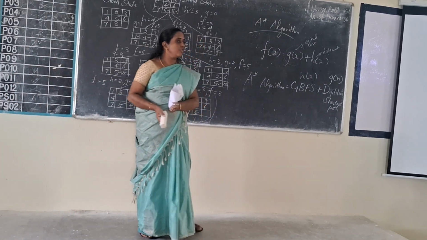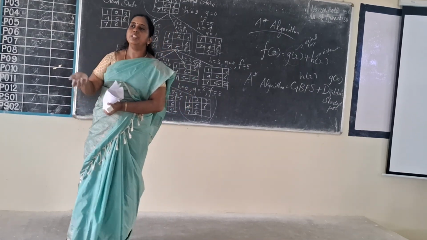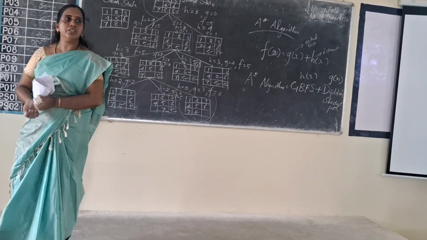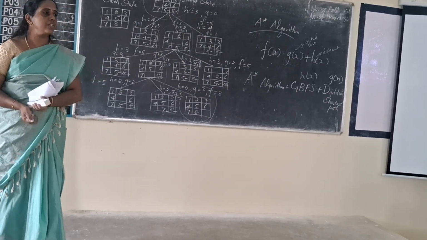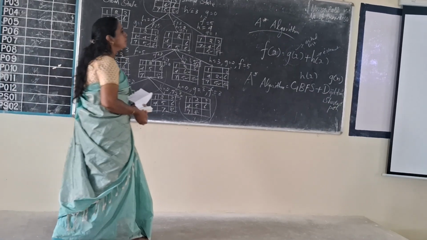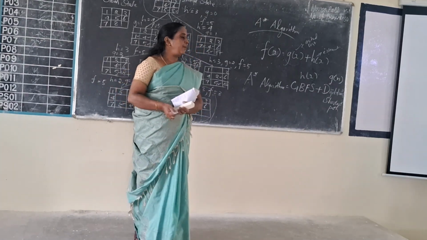The disadvantages of A star algorithm: heuristic accuracy, calculating the heuristic value is a serious task. Then memory usage, it takes more memory to keep all the nodes. Then time complexity also.